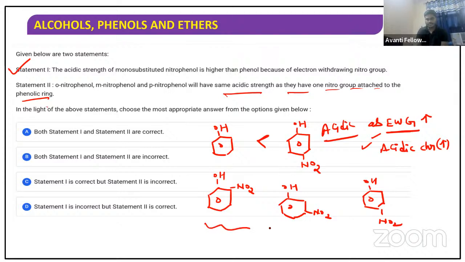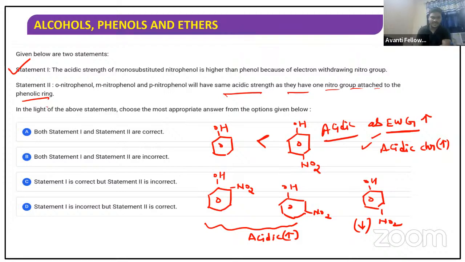So their acidic character is more, while this one's is less. So we can't say that they have the same acidic character. If you compare these three nitrophenols, ortho and para-nitrophenol have more acidic value due to the minus R effect, whereas meta-nitrophenol shows only the minus I effect. Hence the acidity will be decreased.